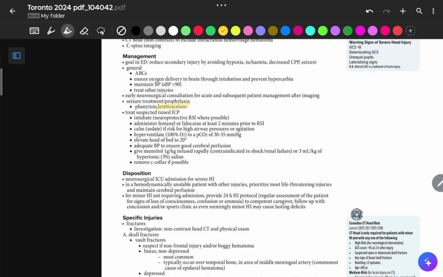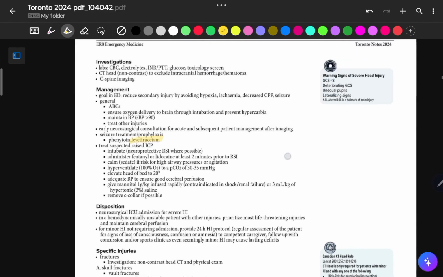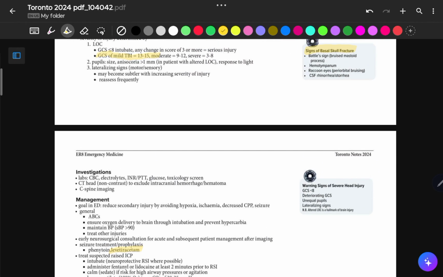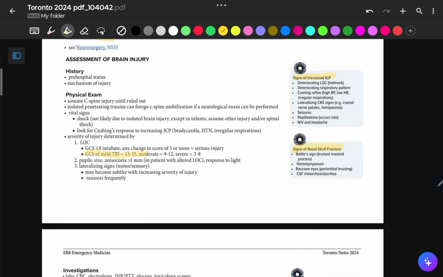And then if you are actually suspecting increased intracranial pressure, how would you manage that? Because remember what we said, what are we looking at? We're going to have your Cushing reflex. Patients actually have increased blood pressure, decreased heart rate, irregular respiration.